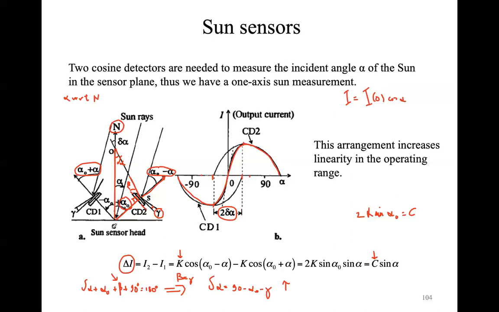But we also know that we need an additional angle to determine, for example, our W associated to the sun, because we need at least 2 angles. So we need an independent sensor head with, for example, 2 sensors located orthogonally to this one. If you do that, you have what you need to determine the W from the sun instantaneously.